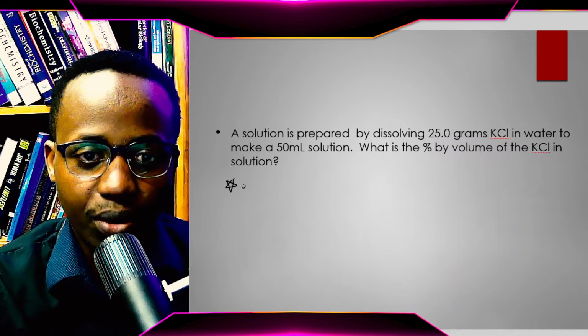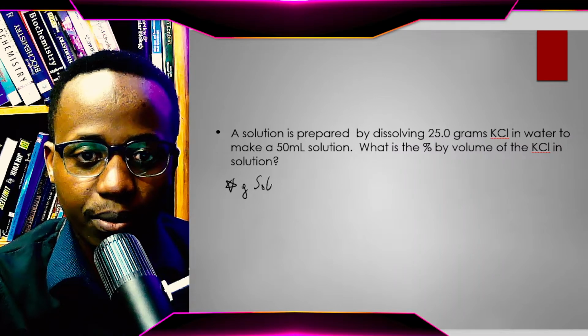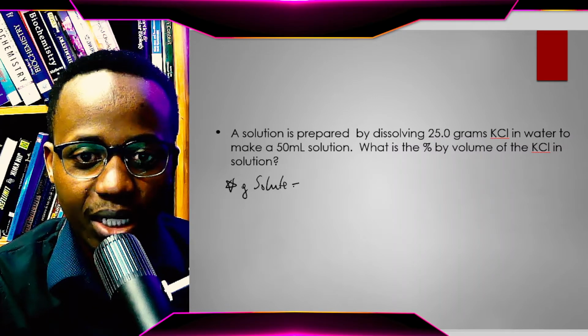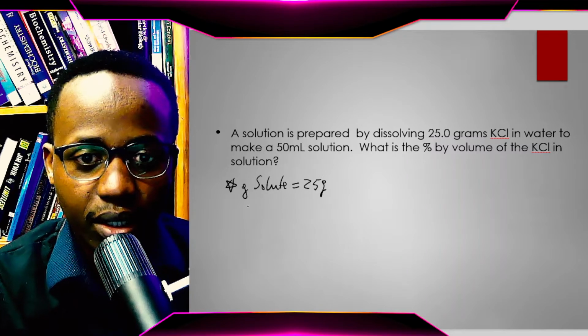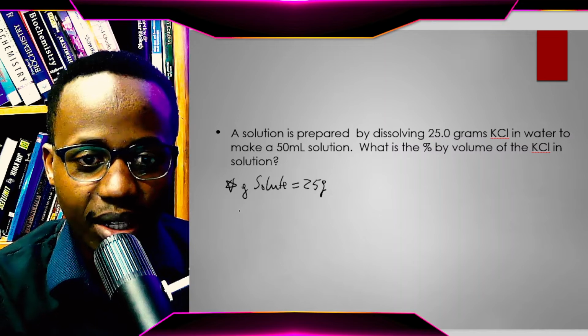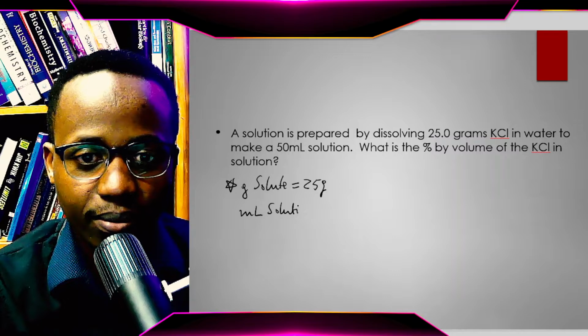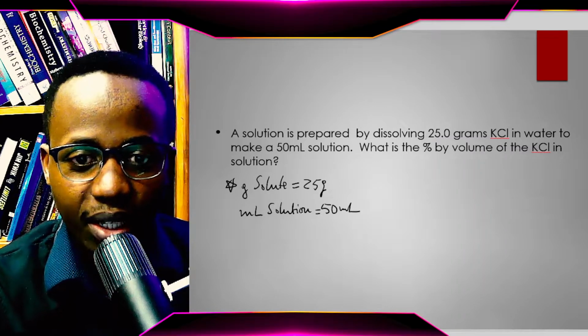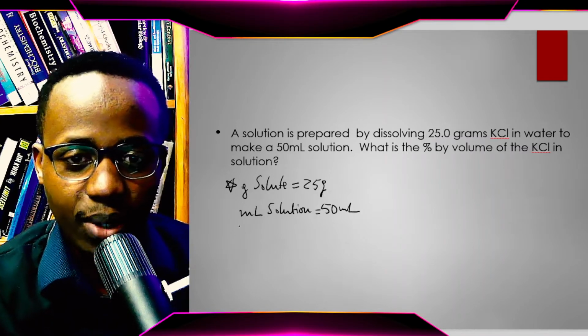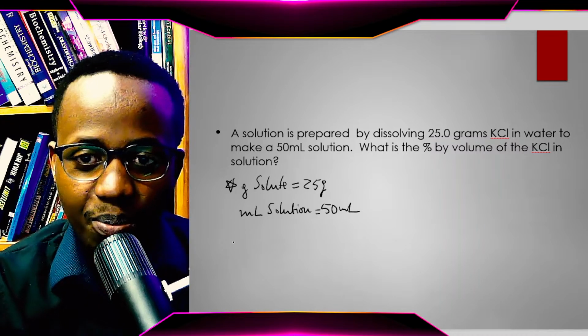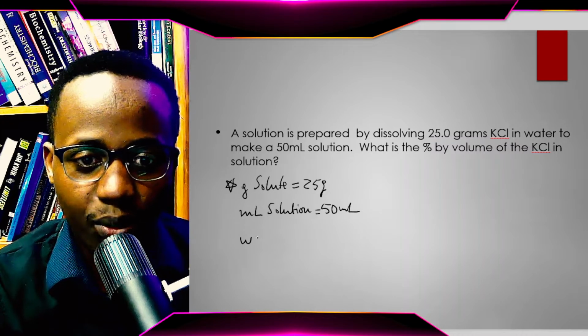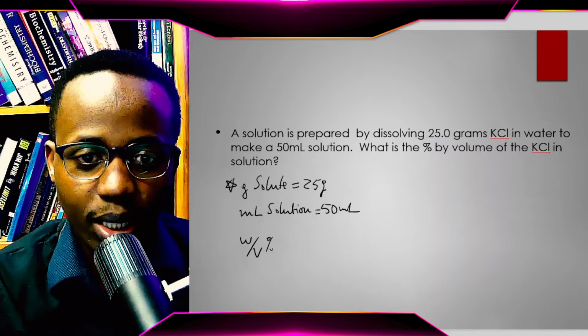They gave us the grams of solute, which is equal to 25 grams. And then they gave us the ml of solution, which is 50 ml. And then what they're asking is weight per volume percent.